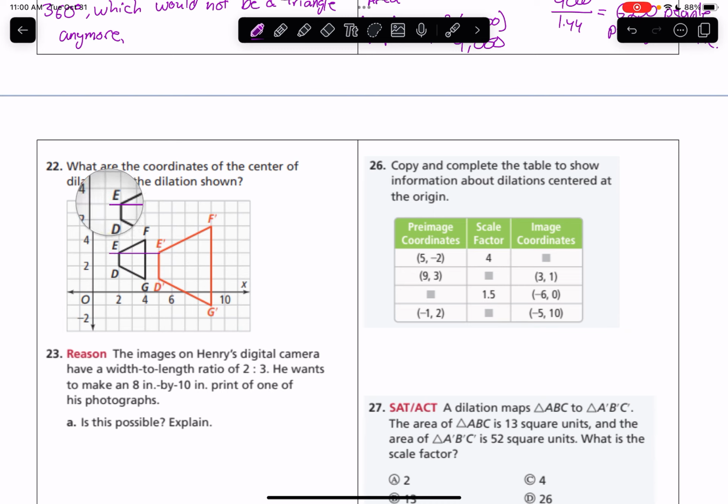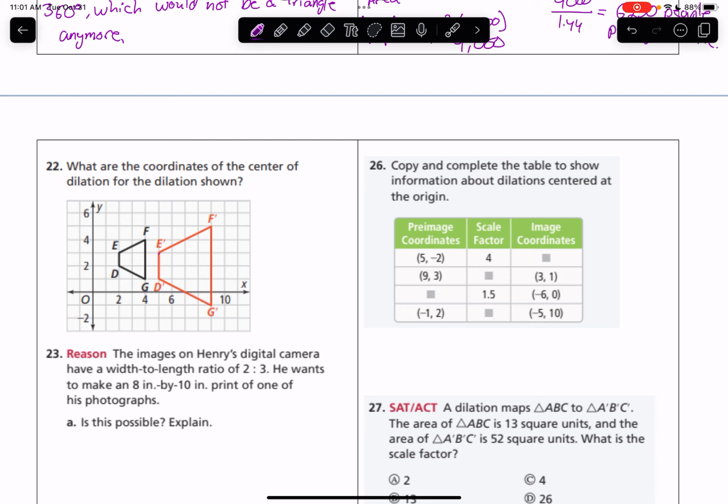And I'm going to have to go backwards even further here to find out where that dilation is. But in order to do that, I'm going to need to figure out how big the dilation is. So let's scratch that for now. And let's say, well, I know that ED is 1, but E prime D prime is 2. So this is a dilation that has a scale factor of 2.